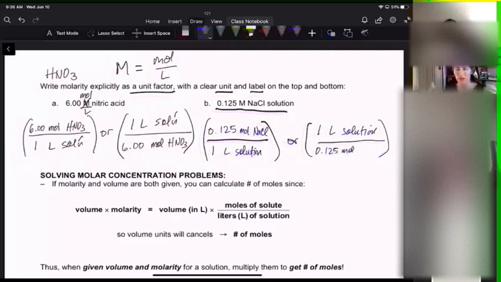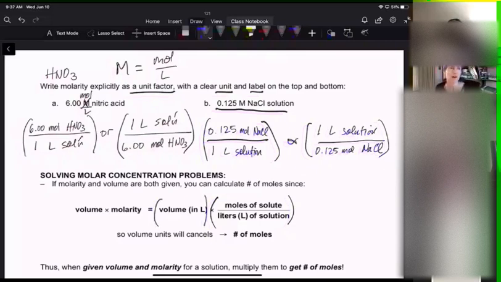This way we can put them together in dimensional analysis to make that conversion, to get how much solute we might need. So this is our new way to get the number of moles. When we have this molarity, moles per liter of solution, we can multiply it by the volume.